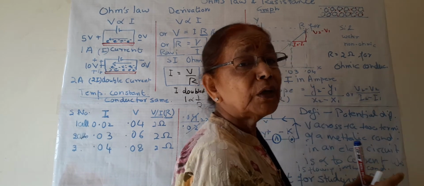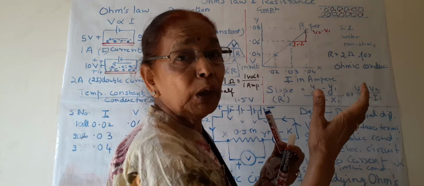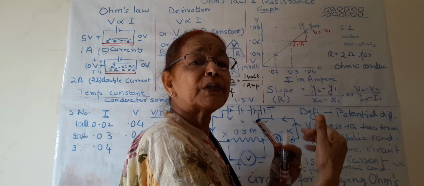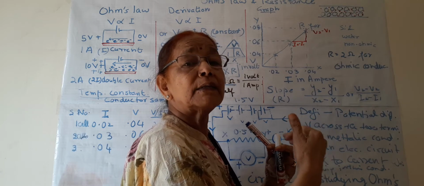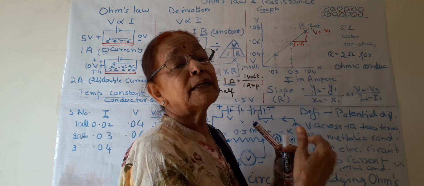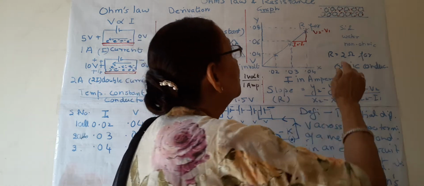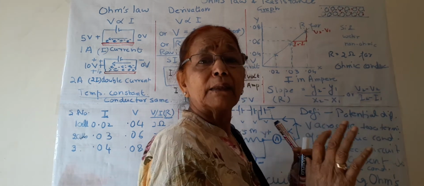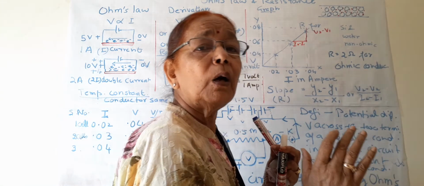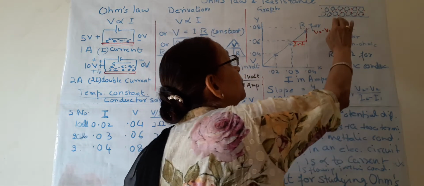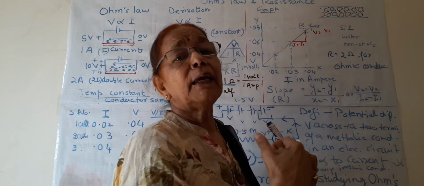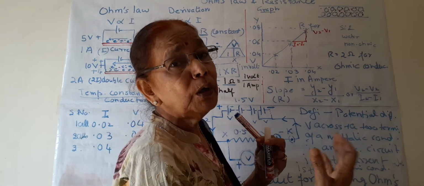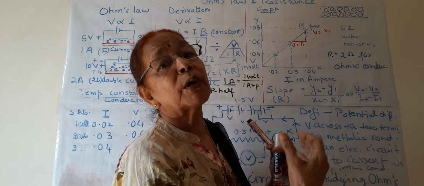If this opposition or obstruction is more, then the resistance is more. If the obstruction is less, then the resistance is less. So in metallic wires like copper or silver, the opposition is less, so they have less resistance. In insulators or semiconductors, the opposition is more, so they have more resistance.